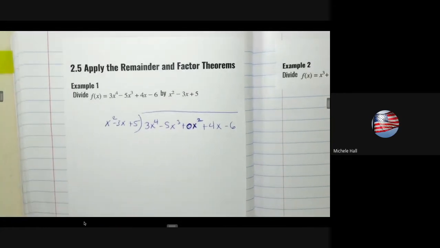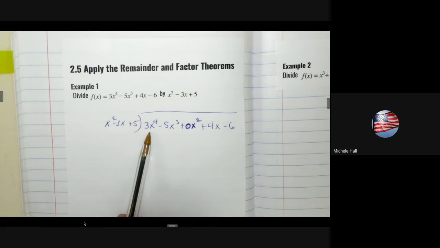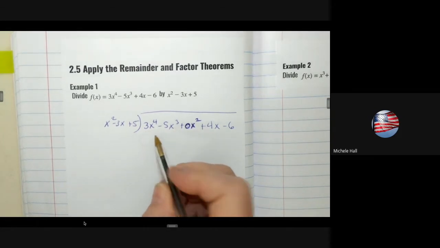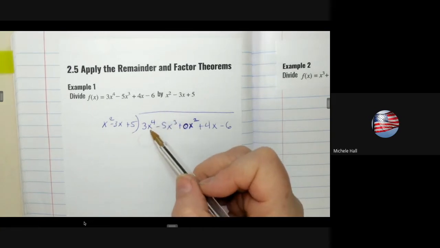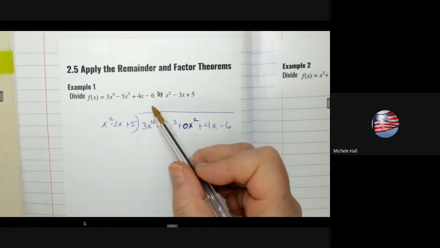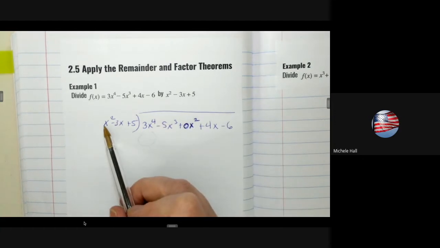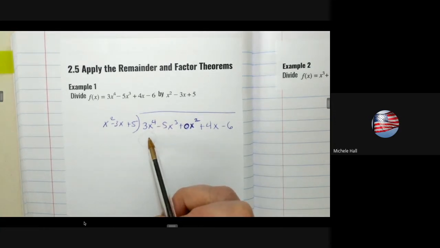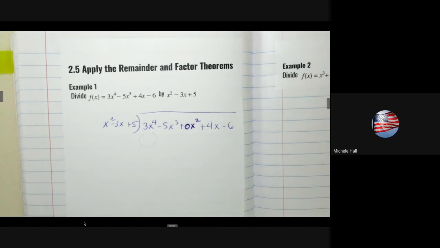We are looking for x squared to go into the first term here. What I need to have here is exactly a positive 3x to the 4th. So what times x squared equals 3x to the 4th? We always want the first term to cancel.